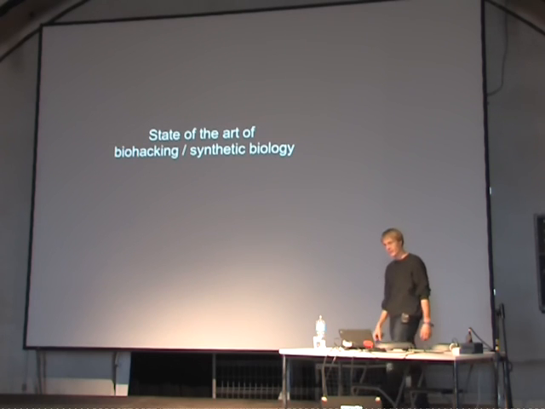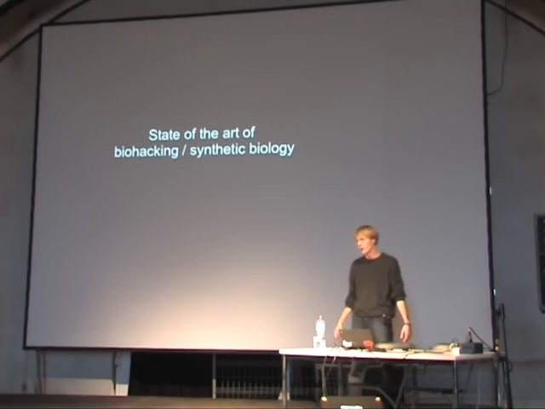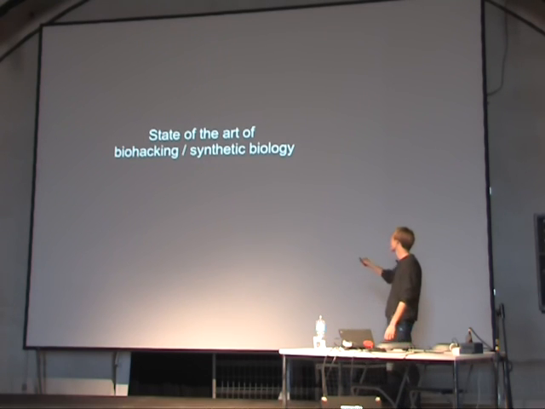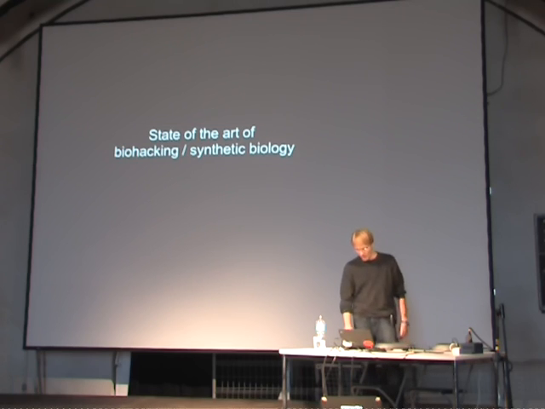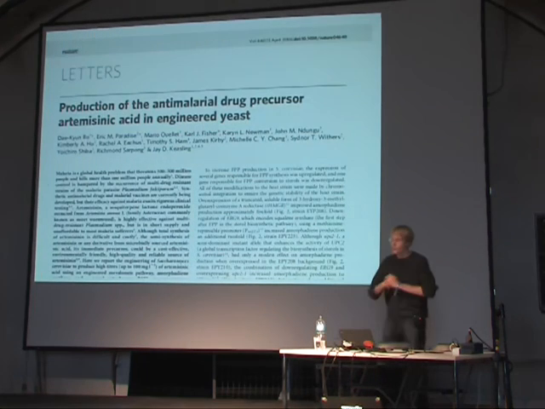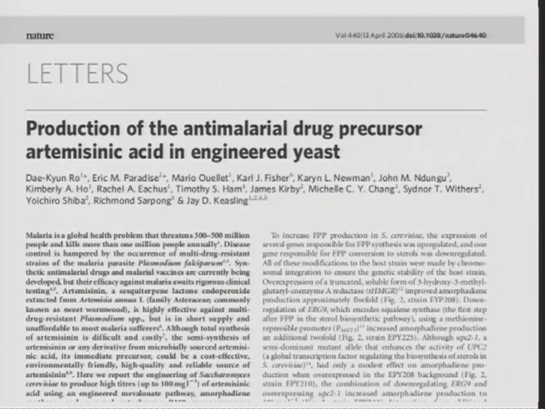Okay, what's the state of the art of biohacking or synthetic biology? Synthetic biology is the technology of engineering biology. Well, we can produce chemicals in different organisms than the ones that they're normally produced in.